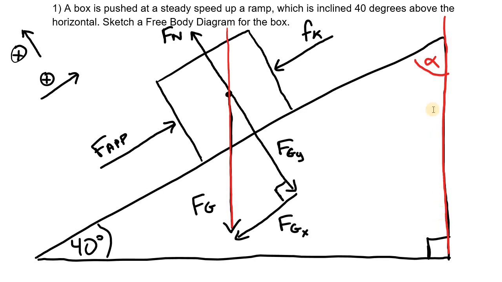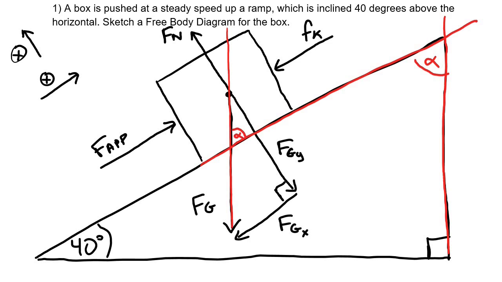And if these are parallel lines, and we have a transversal coming through here like this, wouldn't you say that these two angles are alternate interior angles, where this is equal to alpha?